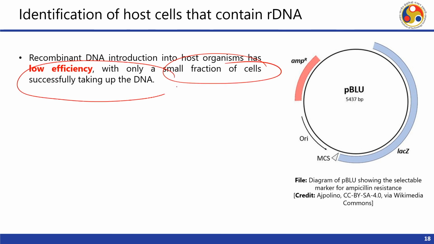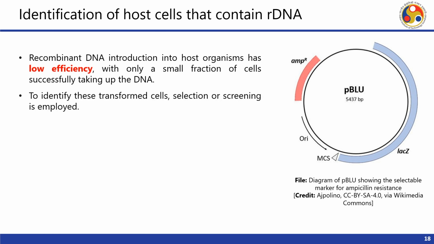This introduction into the host organism is a low efficiency process, with only a small fraction of cells successfully taking up the DNA. So, we have to separate out these transformed cells, which we will multiply to increase the population. For doing this, we need to go for a selection or screening process.